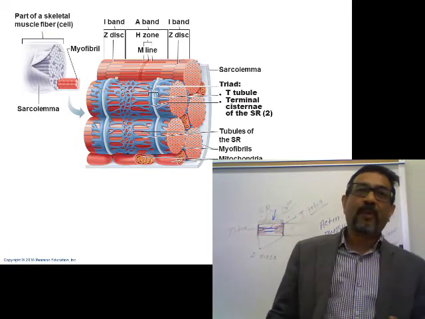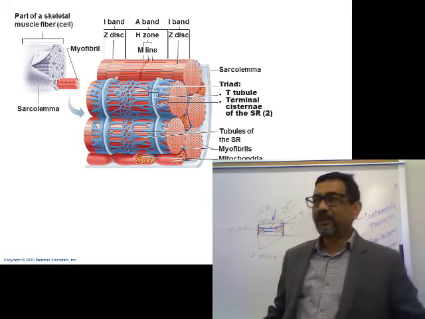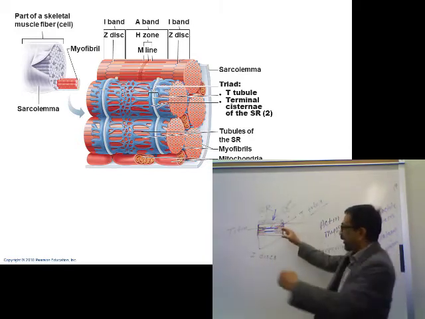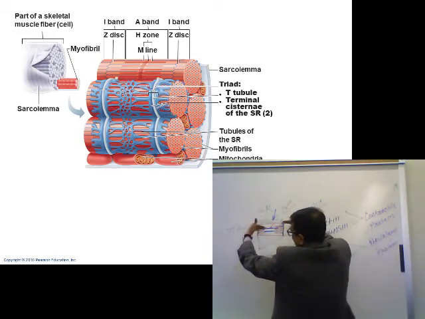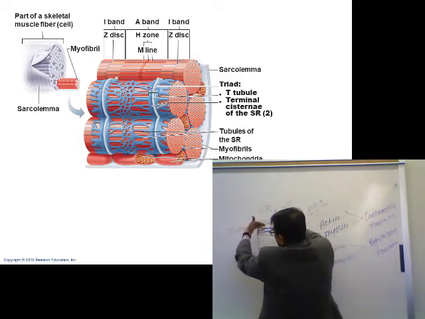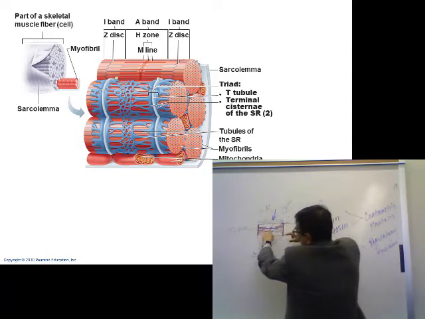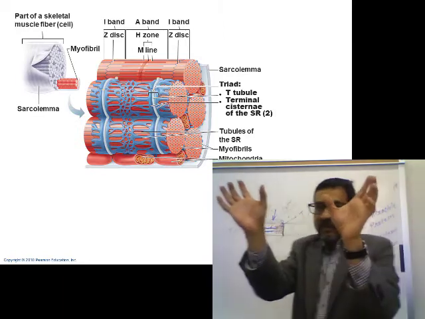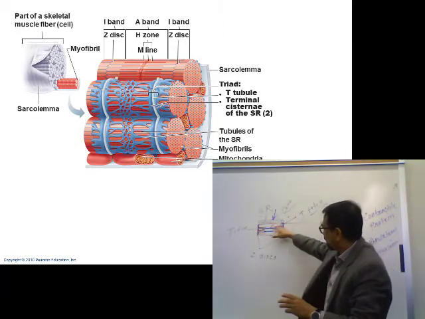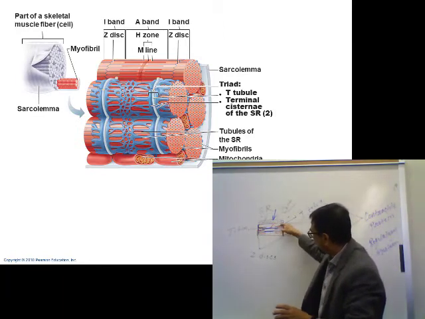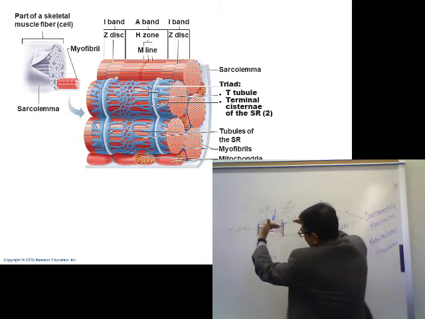Sliding filament model of contraction. Now you remember when I told you that the actins from both sides are moving towards each other like this, and the thick filament is in the middle and thin filaments are moving like this.